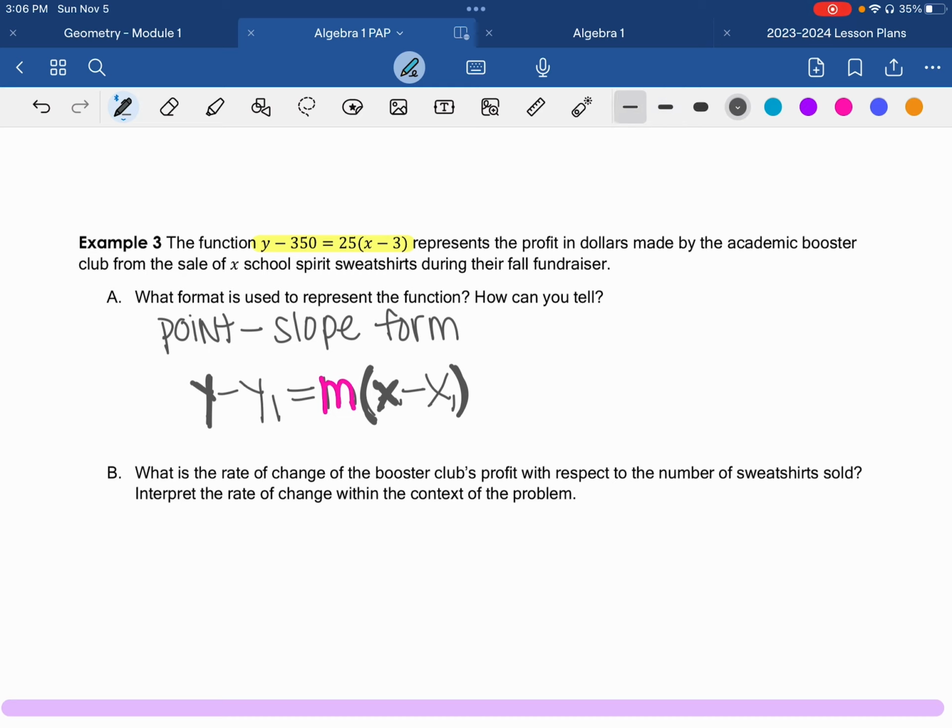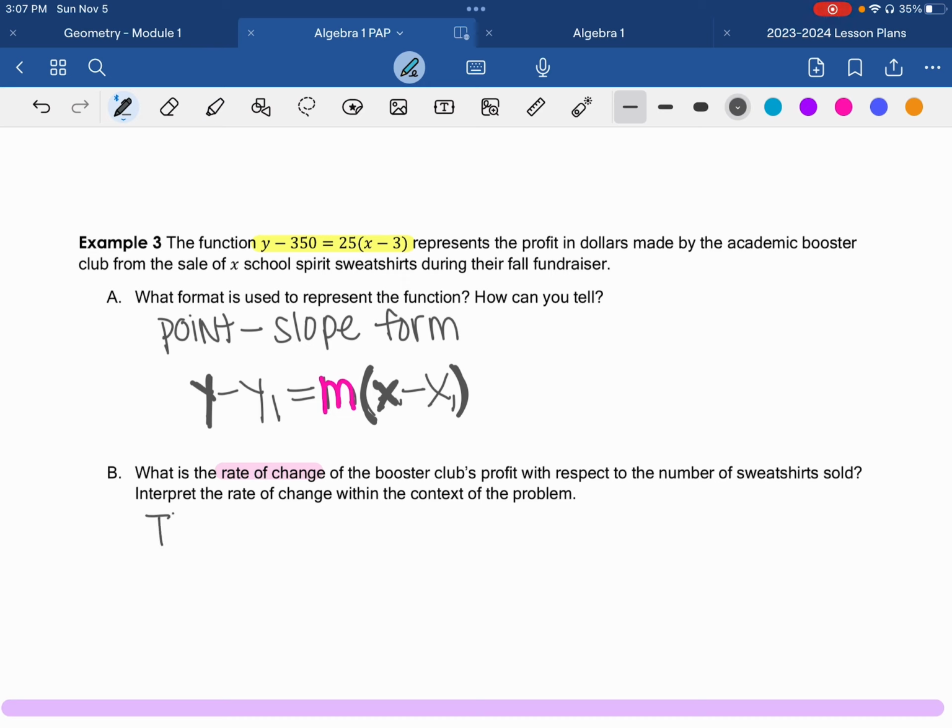All right. What is the rate of change of the Boosters Club profits with respect to the number of sweatshirts sold? Remember, the rate of change is simply the slope. So my slope in this case would be 25.